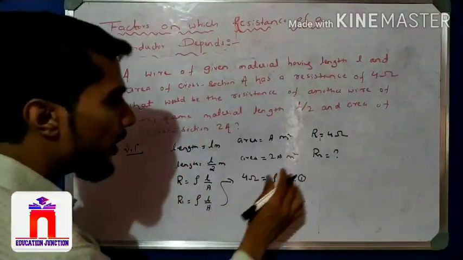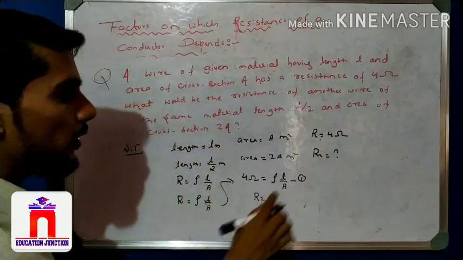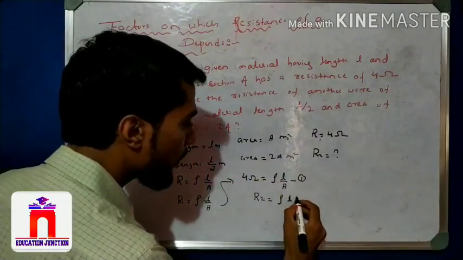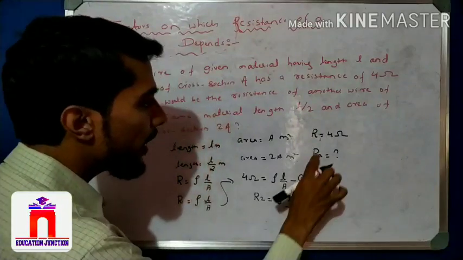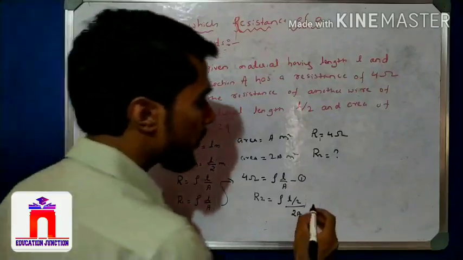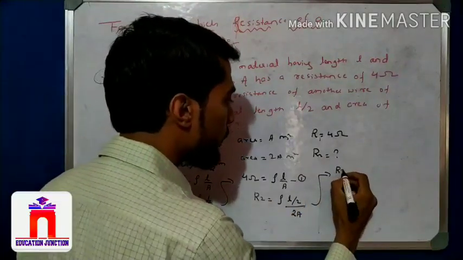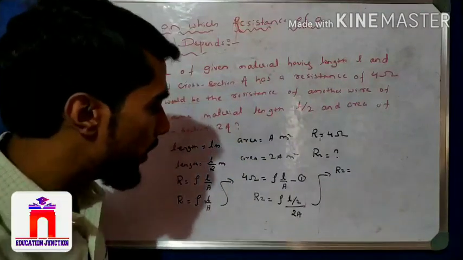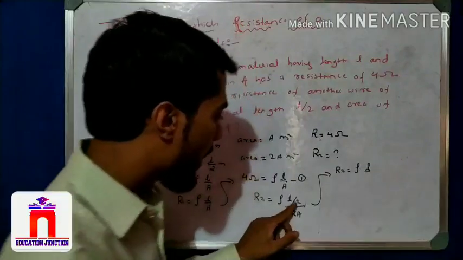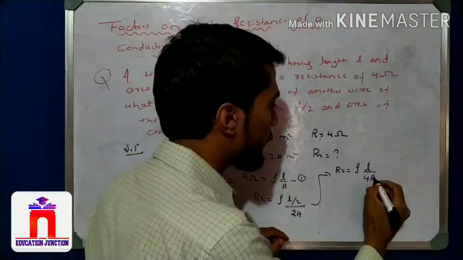Now for the second, R2. R2 is equal to rho, L is half, and the area is double, 2A. Area is double, students. Now observe R2: rho times L by 2 over 2A, we get 4A in the denominator.